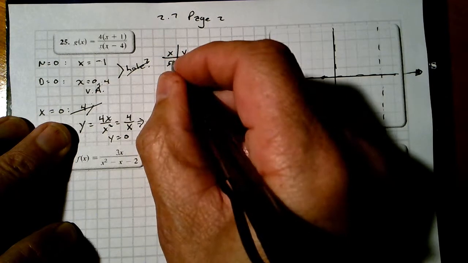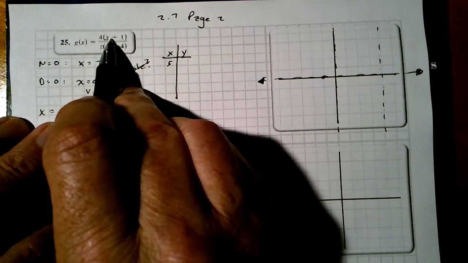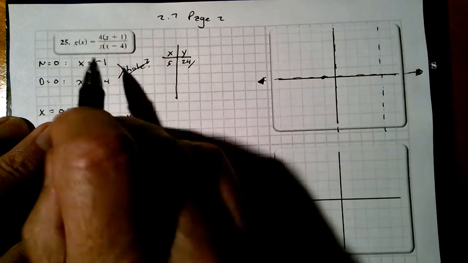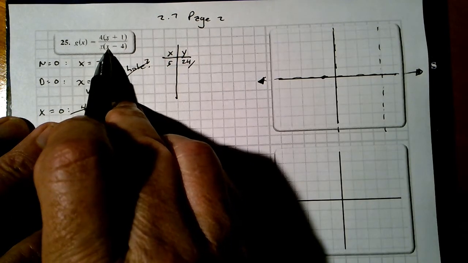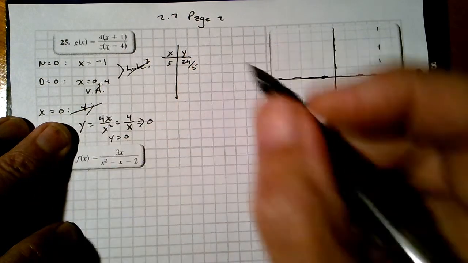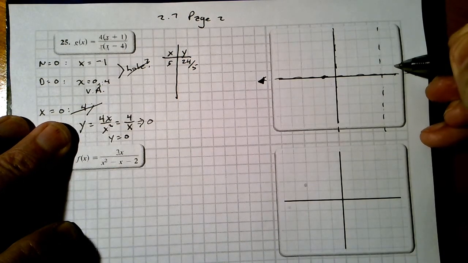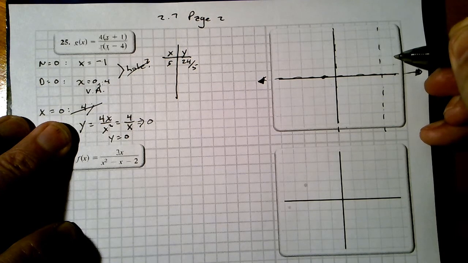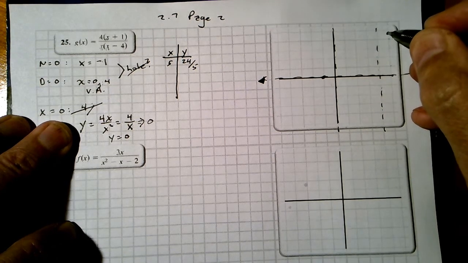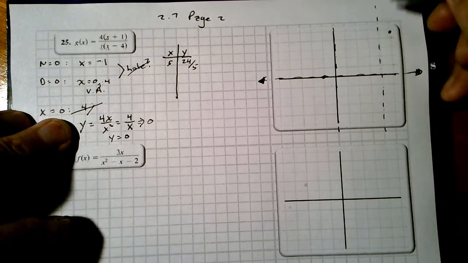I put in 5, I get 5 times 6, 24, on 5 times 1, 5. Put in 5, get out 24 fifths right there. And I'm going to claim that's enough.